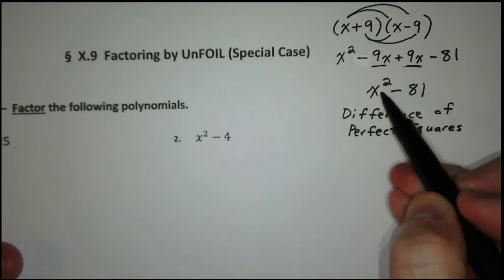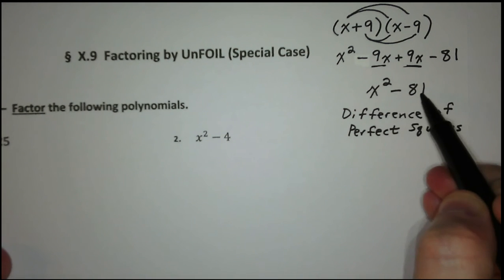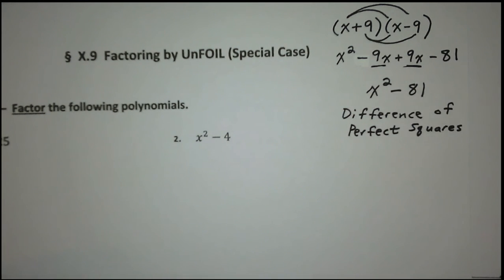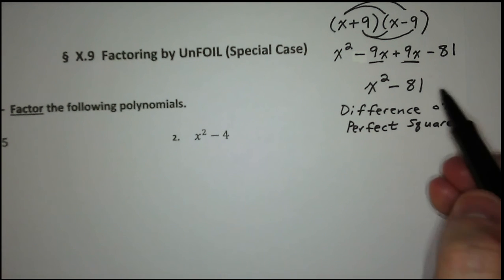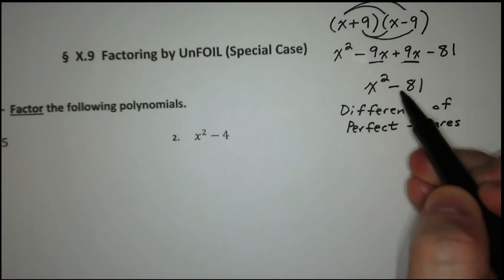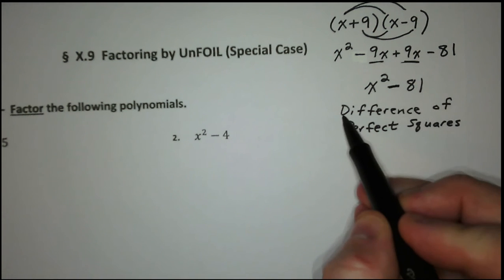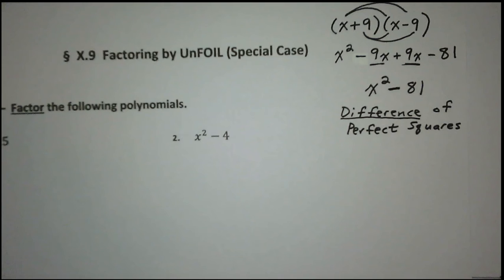Because that x squared comes from x times x, and this 81 comes from 9 times negative 9, or 9 squared. So 81 is a perfect square. X squared is also a perfect square, and because that ends up being a minus every time, that's why we say difference of two perfect squares.